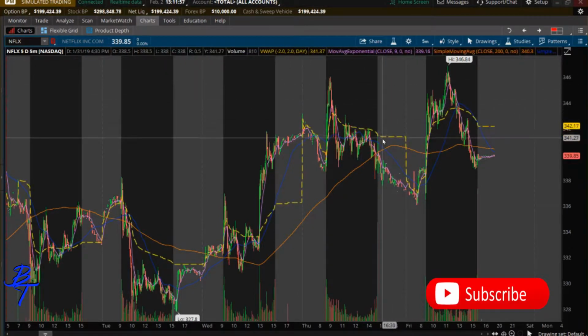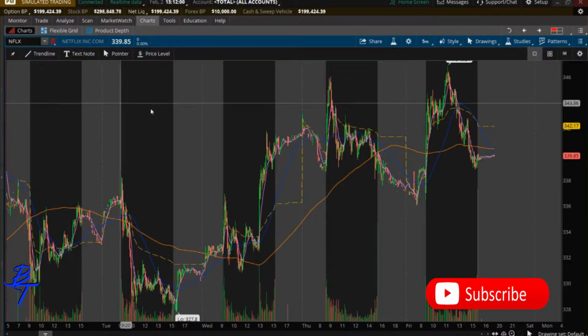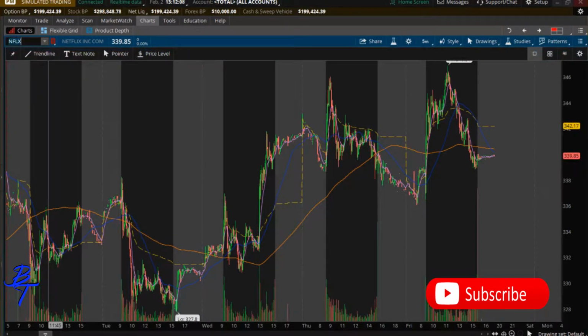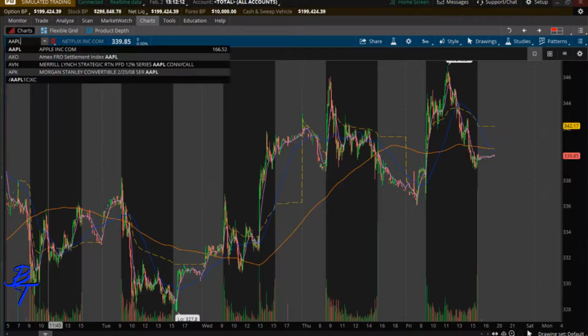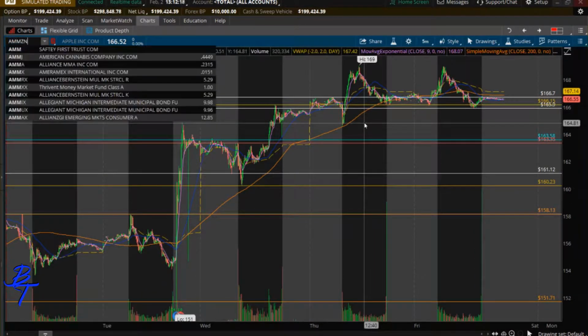Now, what we're looking at right here is Netflix. NFLX is Netflix. It's what a chart looks like. You can have Netflix, Apple, Amazon.